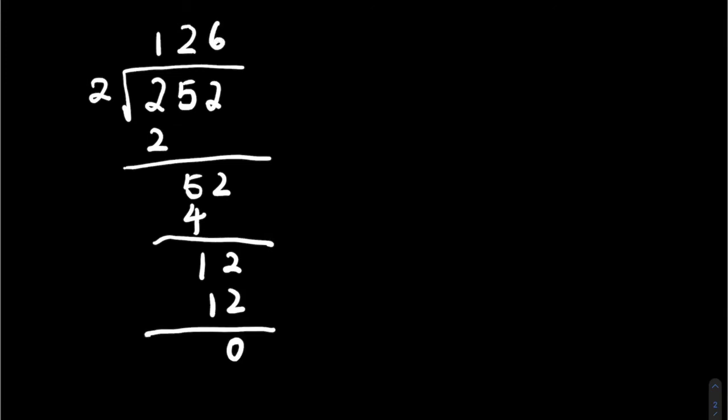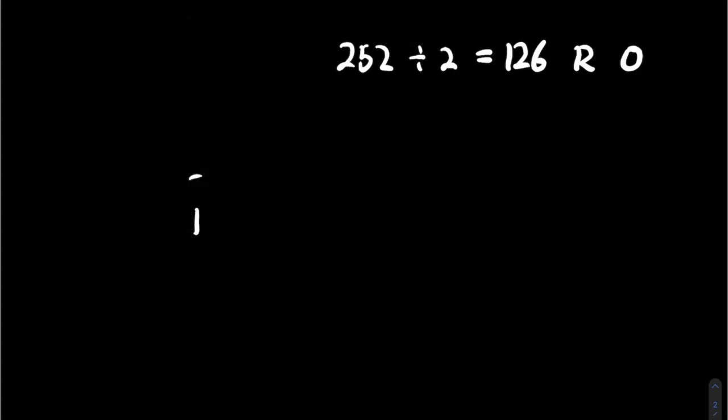Okay, so this is basically how we do it, right? So 252 divided by 2, we have a result 126 with the remainder 0. Right? And then we do the same thing here.